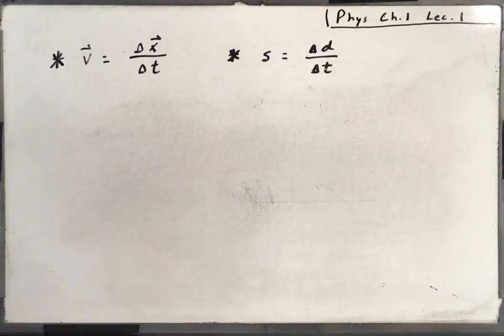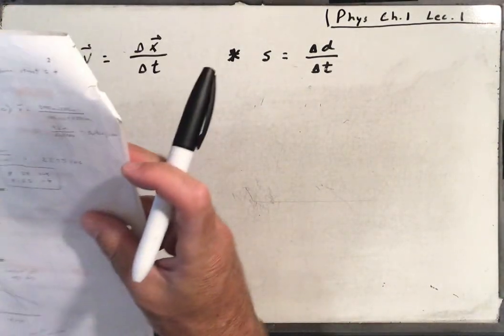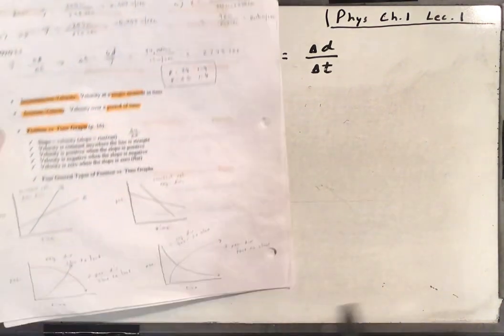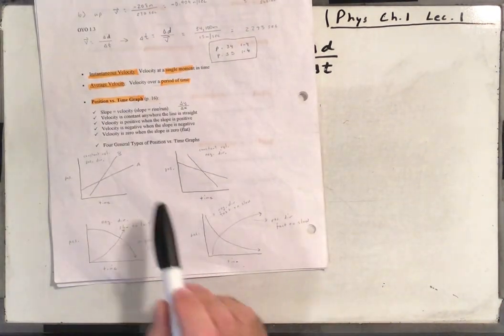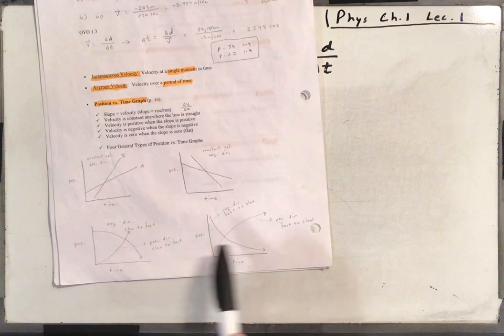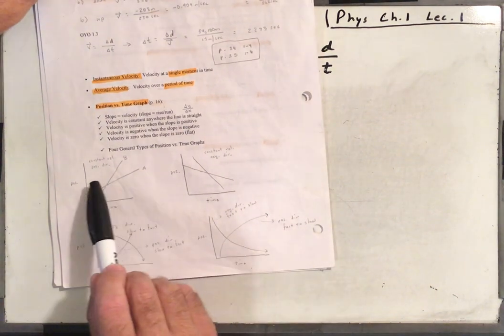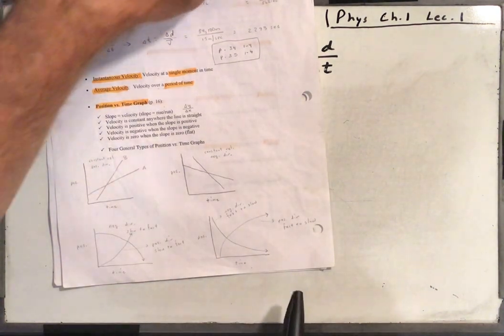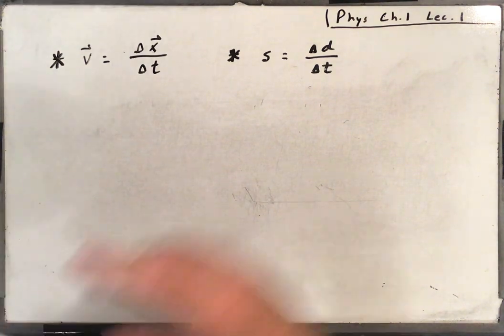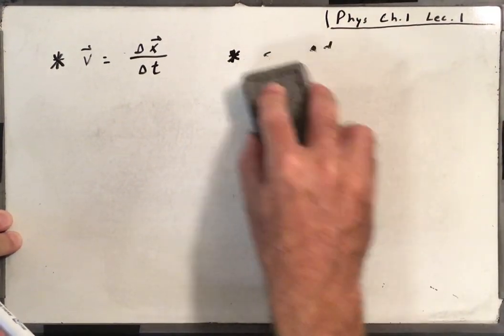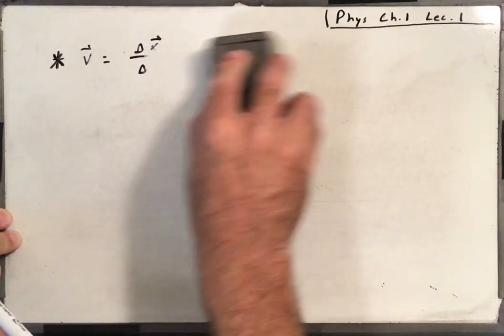So before we do any problems based on position versus time graphs, I want to draw these 4 graphs. So you're going to have on your paper 2 graphs side by side and underneath that. So let's leave space to draw 4 graphs in that section.